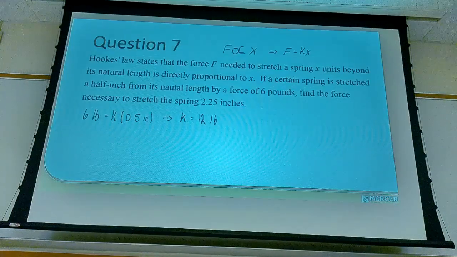We won't say per. In physics, we say per exclusively for rates of change. So like velocity, meters per second. This is just a constant. It's not a rate of change, so we wouldn't say per inch.